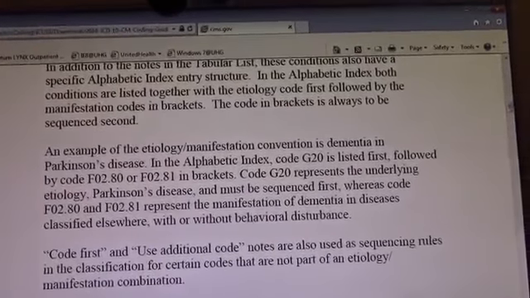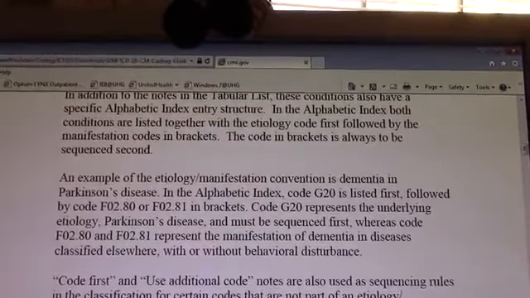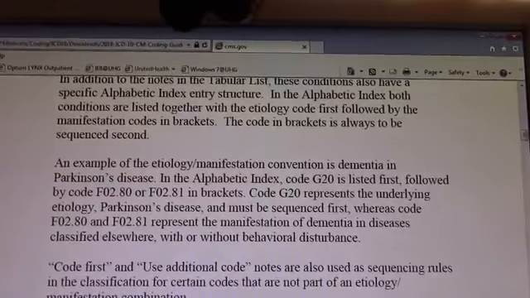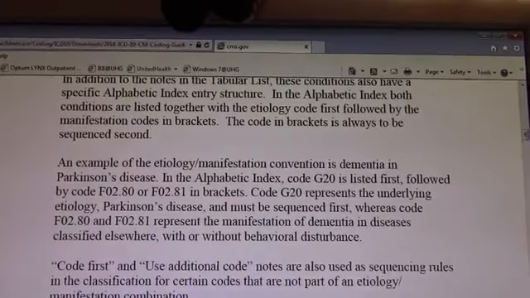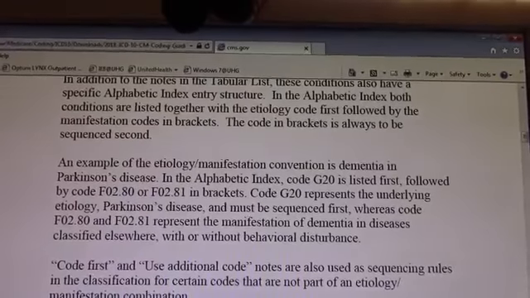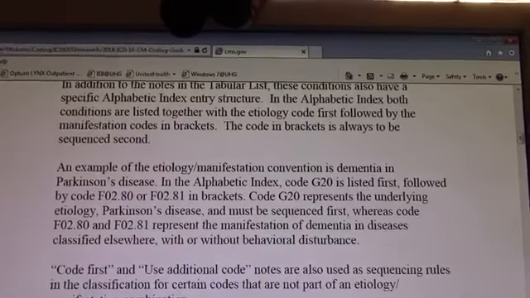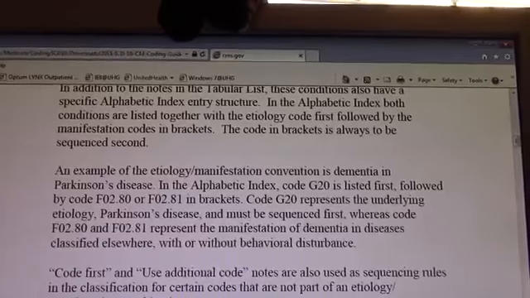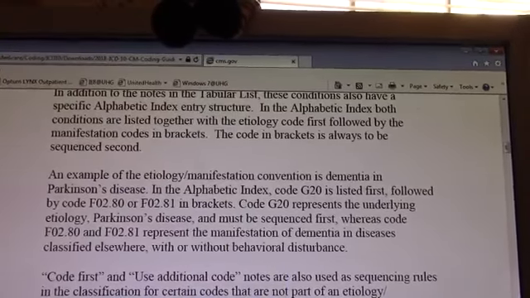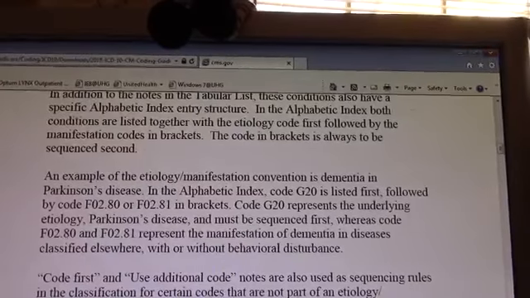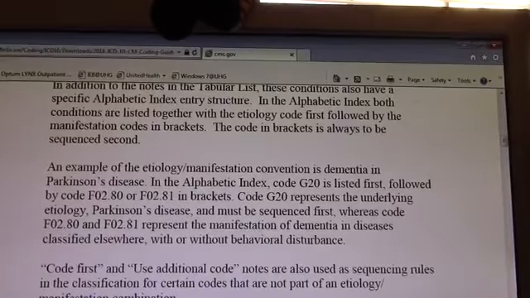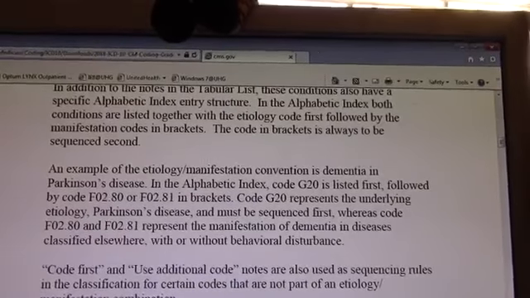In your alphabetic index, if you look at code G20, it's listed first, followed by code F02.80 or F02.81, and those are going to be in brackets. So code G20 represents the underlying etiology, Parkinson's disease, and it must be sequenced first, whereas code F02.80 or F02.81 represents a manifestation of dementia in diseases classified elsewhere with or without behavioral disturbance.